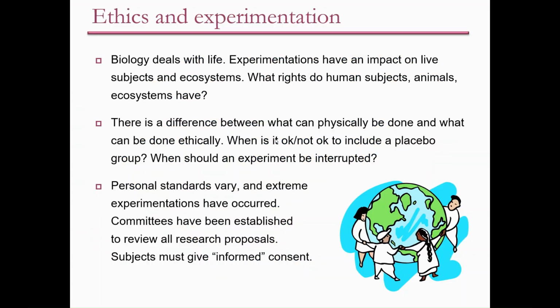Right. And the last thing I want to talk about here is ethics. Okay. So it's important to think about what rights humans, animals, and ecosystems have. Okay. But there are some other interesting questions that we might have. For instance, when is it okay or not okay to include a placebo group?